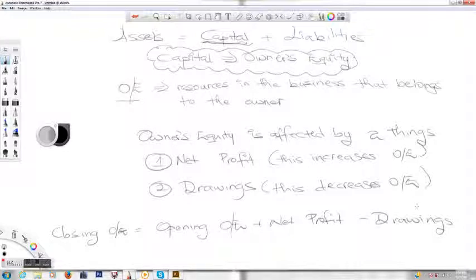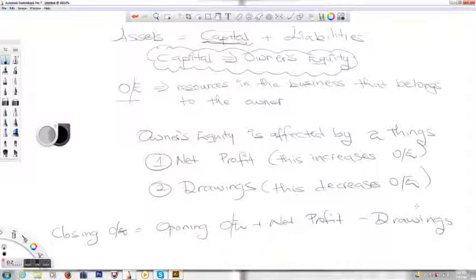We start out with a particular amount of capital at the beginning of the year, and at the end of the year that amount will be different. Closing owner's equity is equal to opening owner's equity, which is owner's equity at the beginning of a year, plus the net profit made in the company during the year, minus drawings if there is any.